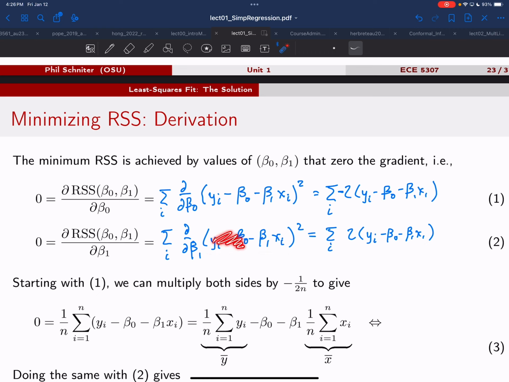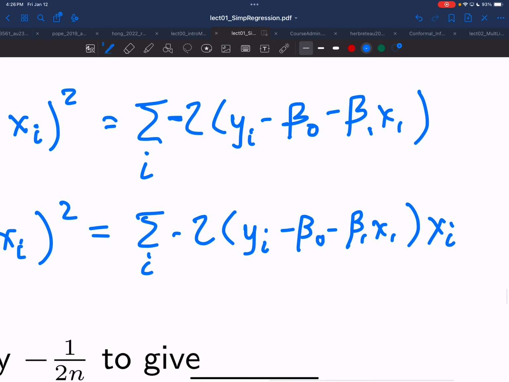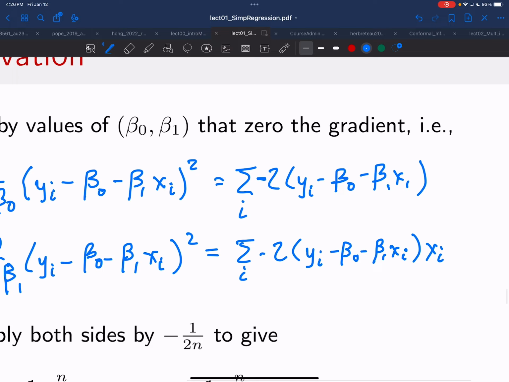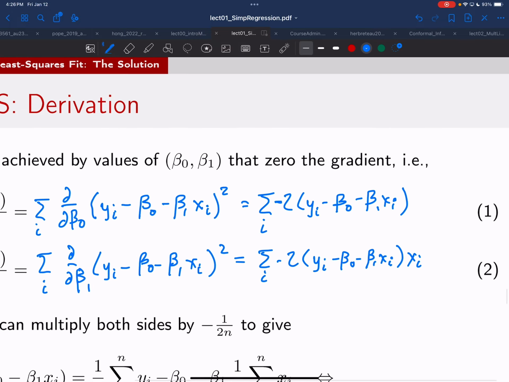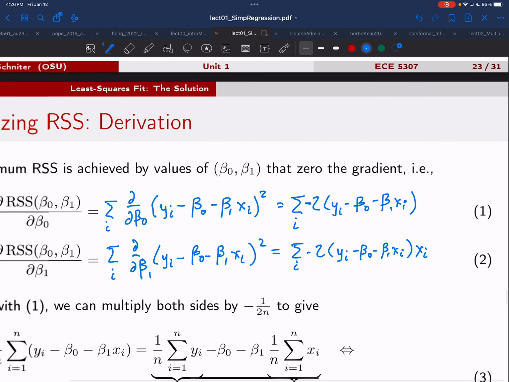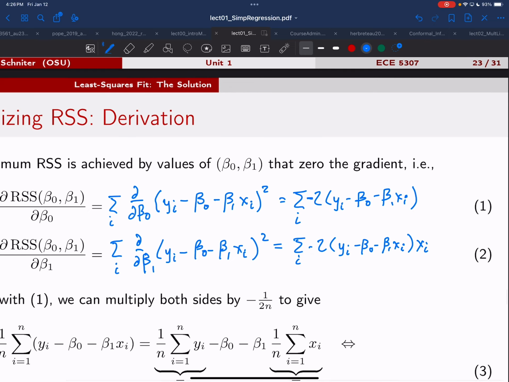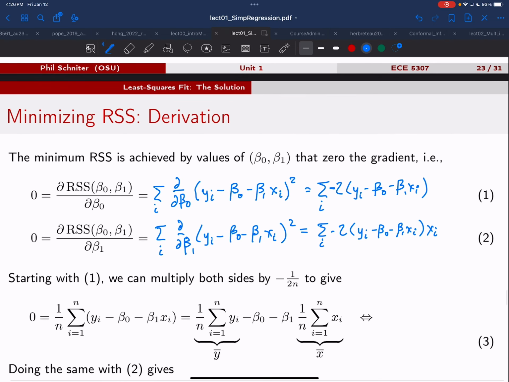So what's the derivative of this with respect to beta 1? Minus x_i. So we're going to have a minus and an x_i. I didn't write it very clearly; this is an i. Okay, so this is our expression, and this is what we get from the gradients.